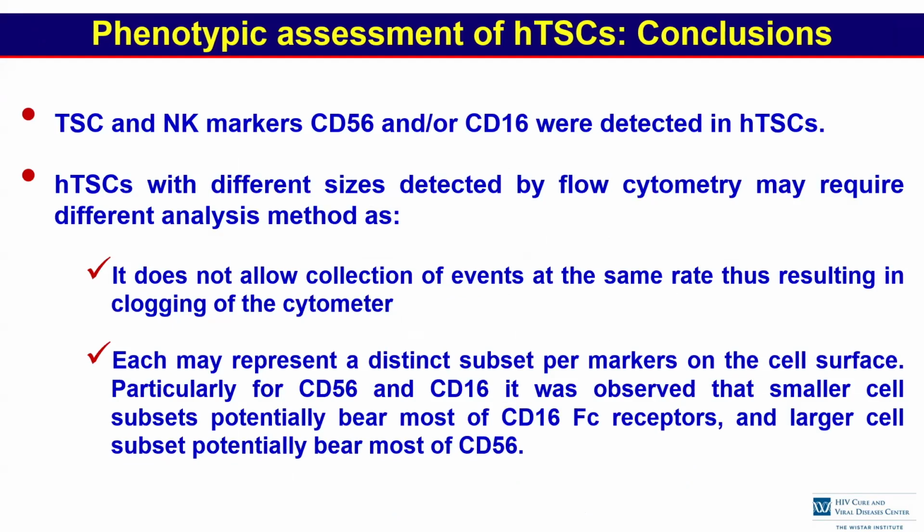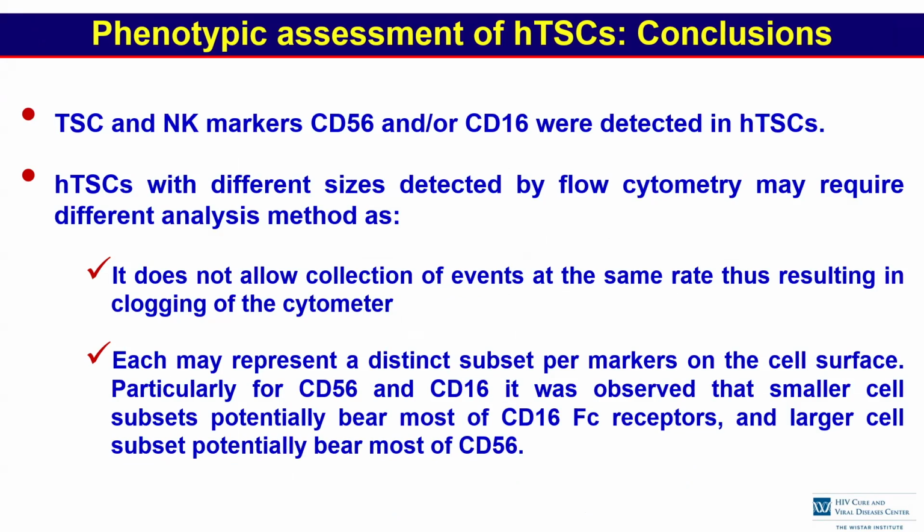And we conclude that basically we're able to detect trophoblast stem cell markers and 56 and 16 in the trophoblast stem cell lines that were given to us. We did observe different sizes, and this caused one problem in the flow cytometry collection because it clogged the machine sometimes.